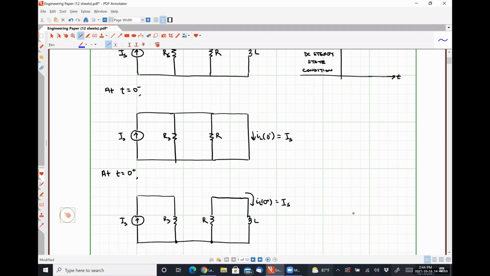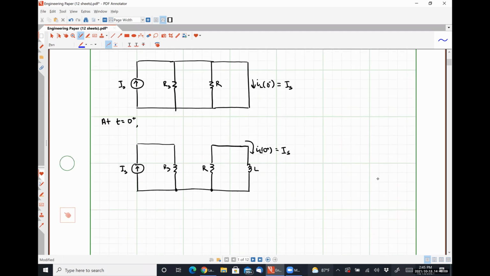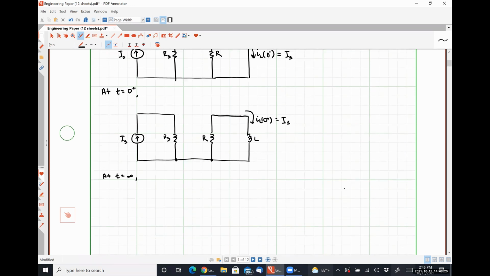So what's going to happen is that that inductor is going to transfer its energy to the resistor over time. And the resistor will convert that current into heat until a very, very long time down the road, all of the energy stored in the inductor is converted to heat. So what I mean by that is if we look at this circuit at t is equal to infinity, or really just a very long time after our switch has opened, what our circuit's going to look like is this.